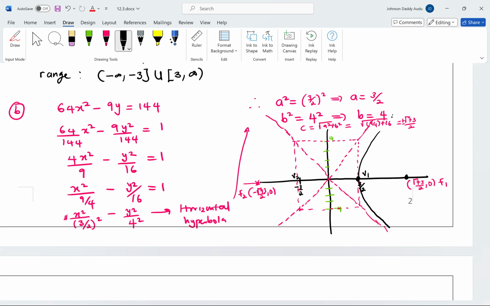Then just draw it closer to this here also, just to make sure it's getting closer to your lines, your asymptotes. So you repeat that here also. Then that's it. So this is like a rough sketch. You can remove these boxes now.